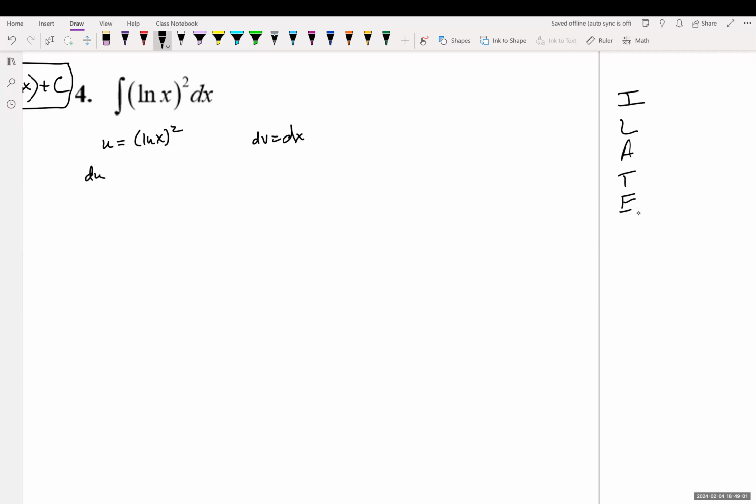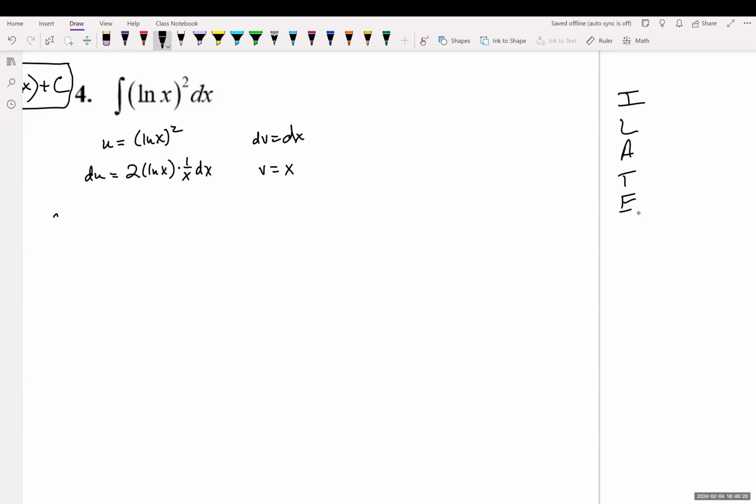So when we take the derivative here, we're going to bring the 2 in front. We're going to leave the inside alone raised to the first power, times the derivative of the inner function is 1/x with a dx here. And here, v is equal to x when we take the antiderivative.